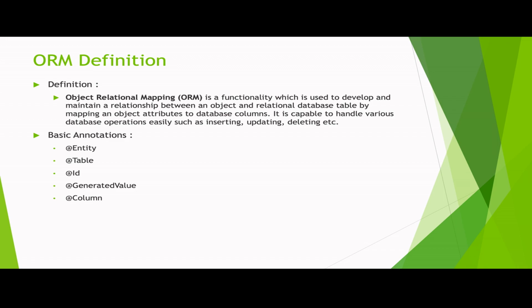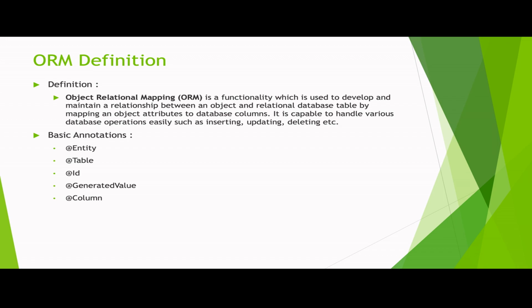So my table will be a class, an entity class, and an object, the one which is holding an object state, will be referred to as a tuple, right? Now let's look at the basic annotations which will be used to demarcate these, to get ORM functionality.